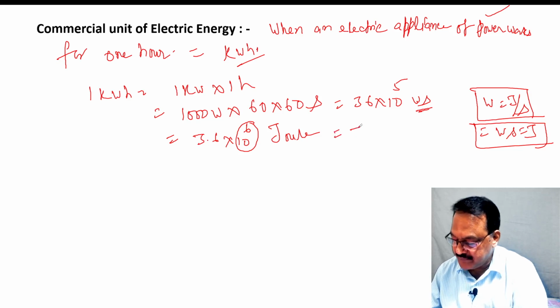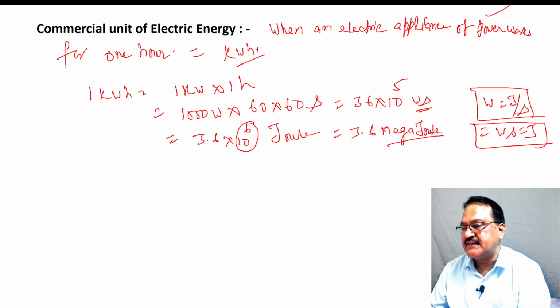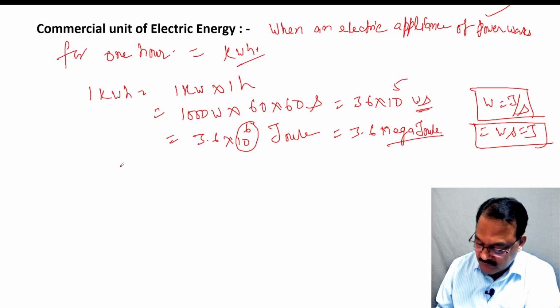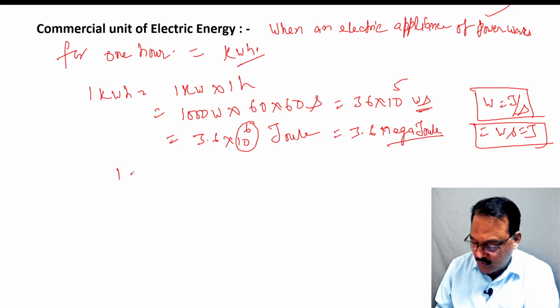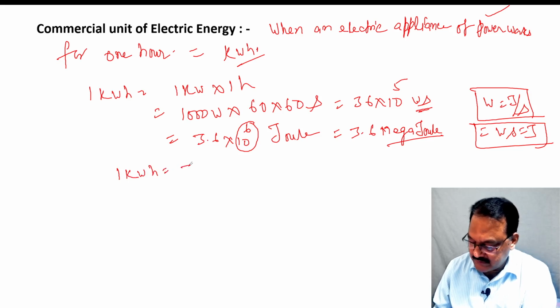So we can write here 3.6 megajoule. So what we have calculated here is, 1 kilowatt hour means 3.6 megajoule.